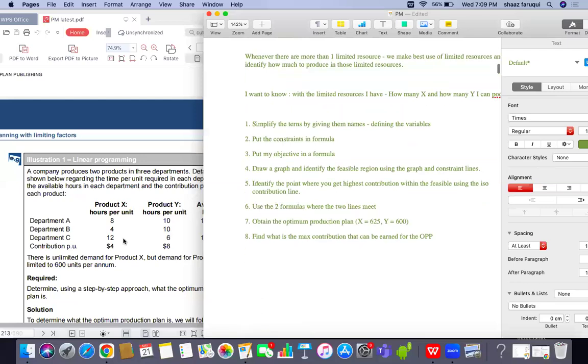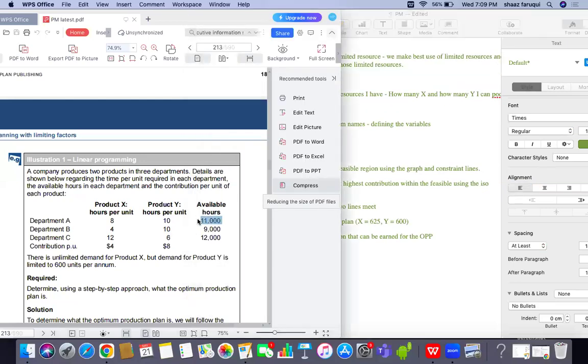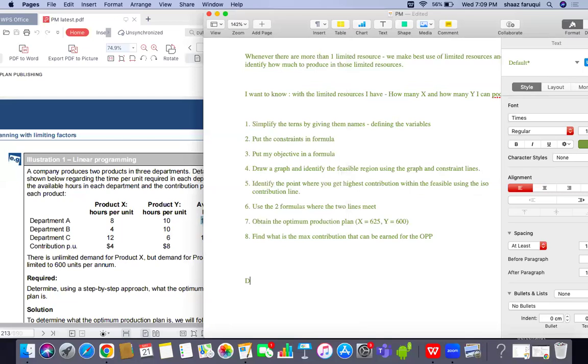See, when I said that in department A, I have 11,000 hours, I said that I have a maximum of 11,000 hours. I didn't say that I have to use all 11,000 hours. For example, when I was teaching audit and assurance, the maximum time I was allotted was 60 hours. I cannot cross 60 hours, but I can complete it in less than 60 hours.